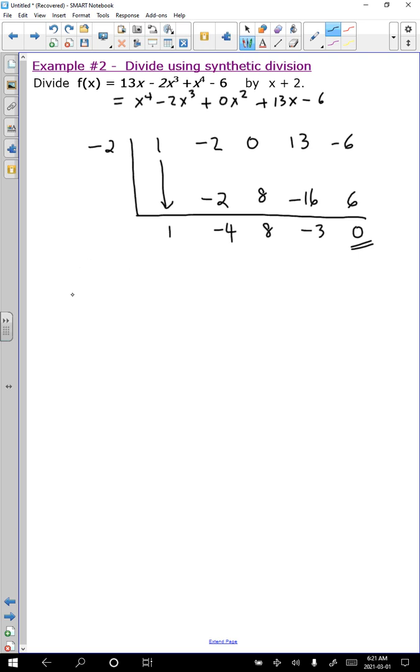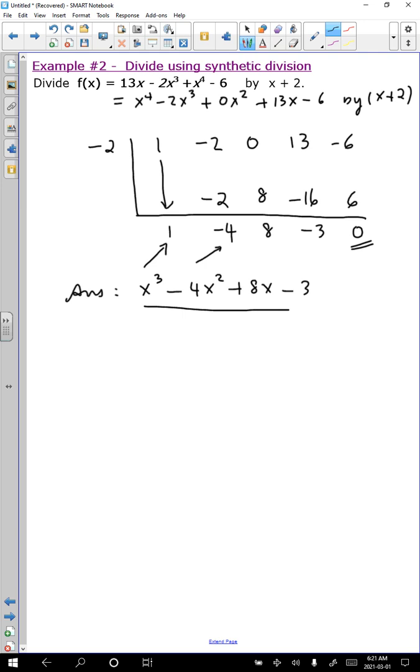So basically the answer is, when you divide those two, you're dividing this by x plus 2, right? So your first term is going to be to the power of 3. So it's going to be 1x cubed, and then minus 4x squared plus 8x minus 3.